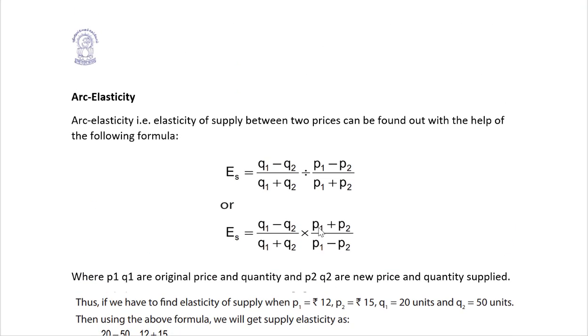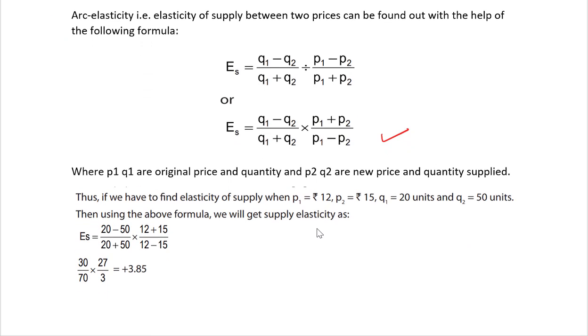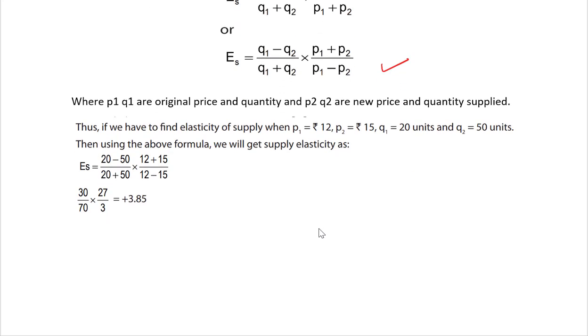This is arc elasticity: quantity 1 minus quantity 2 divided by quantity 1 plus quantity 2, divided by price 1 minus price 2 divided by price 1 plus price 2. So we got this formula, that is (Q1 minus Q2) divided by (Q1 plus Q2), multiplied by (P1 plus P2) and divided by (P1 minus P2). See this example over here.